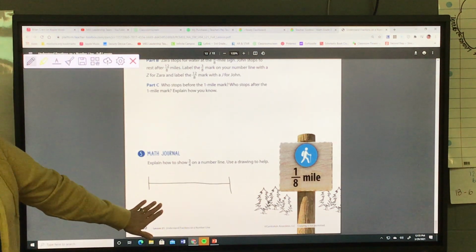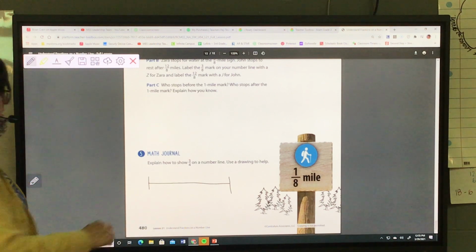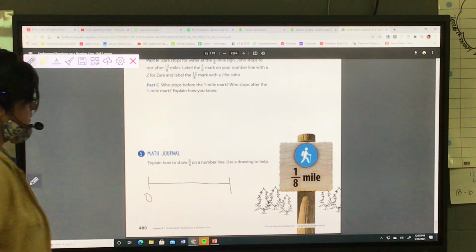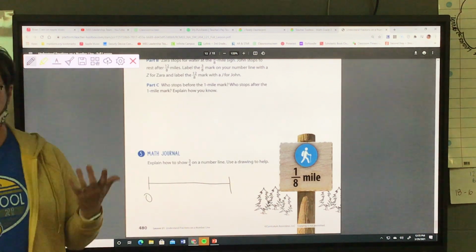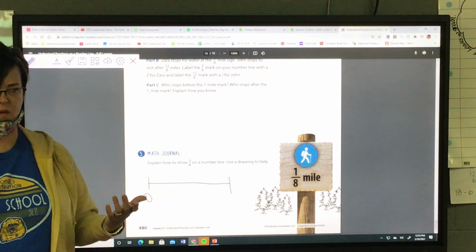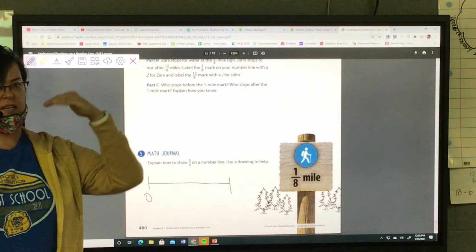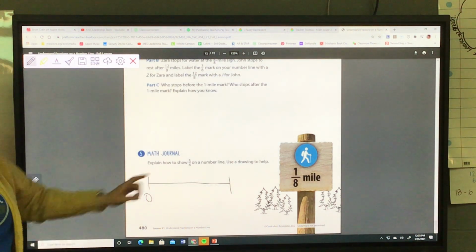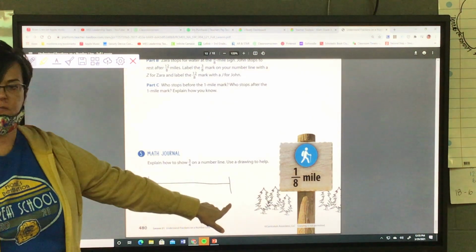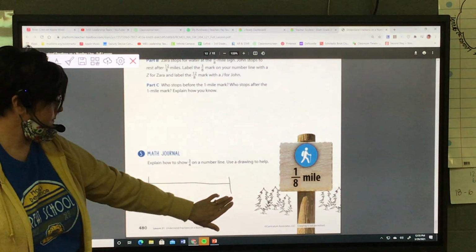What do we always start our number line with? 0. Is 3/4 a whole number yet? No, because that 3 is smaller than 4. So we're not to a whole number yet. So what are we going to label this over here? 1.